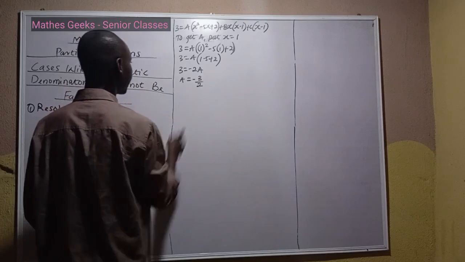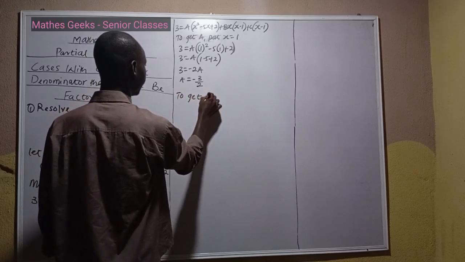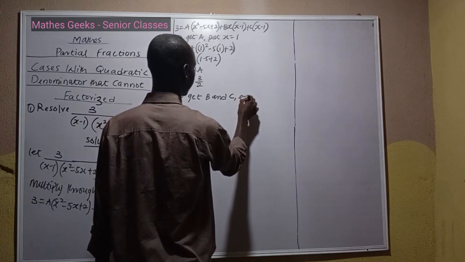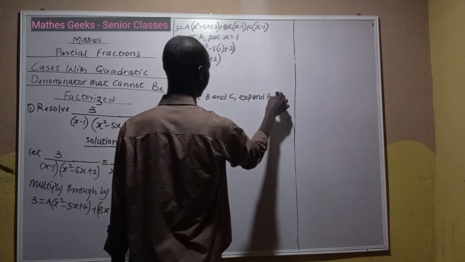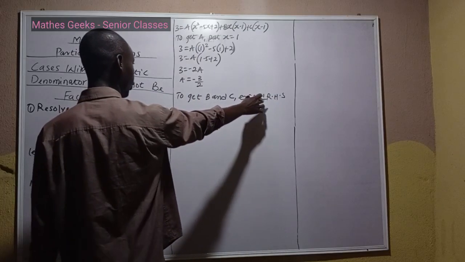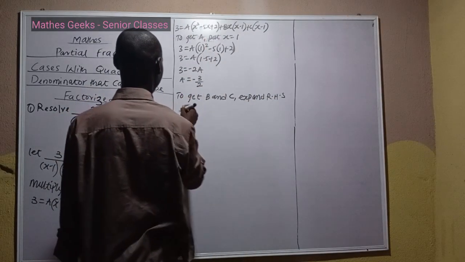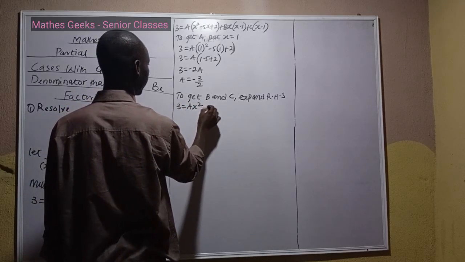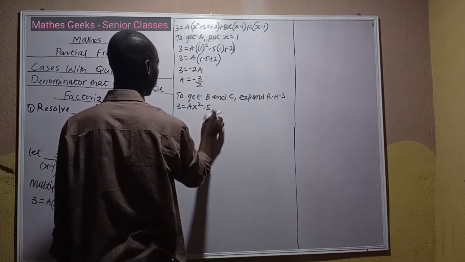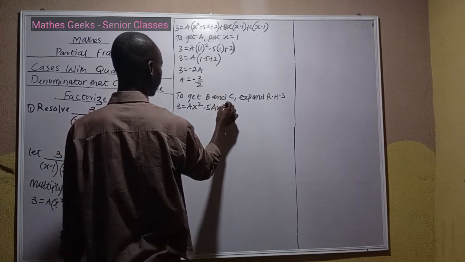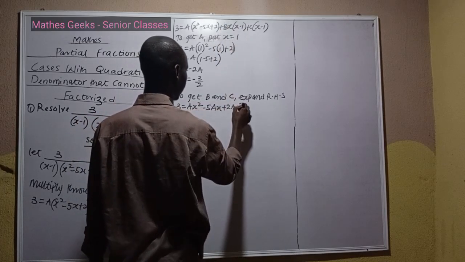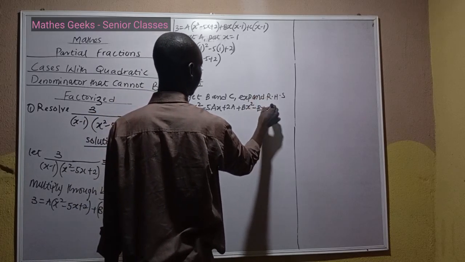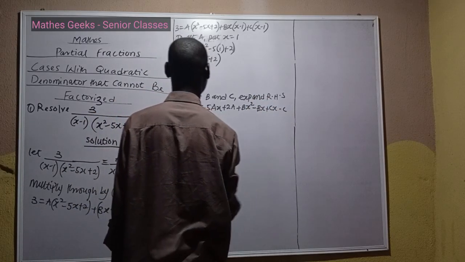Now we're going to get b and c. We're going to expand the right hand side of the equation. So we have 3 equals a x squared minus 5ax plus 2a, plus bx times x, which gives bx squared minus bx, plus cx minus c.